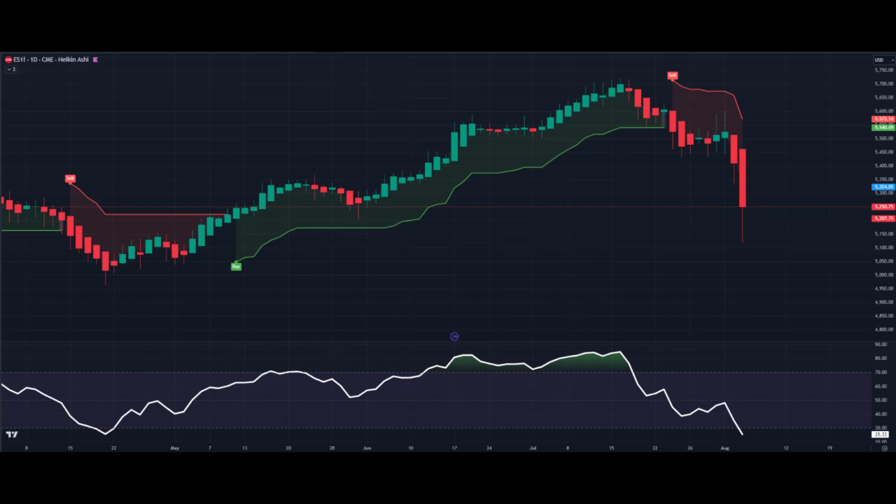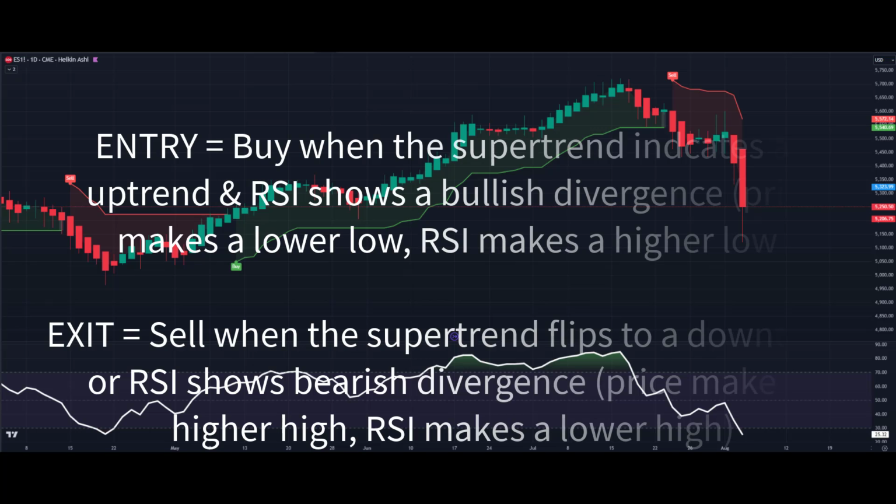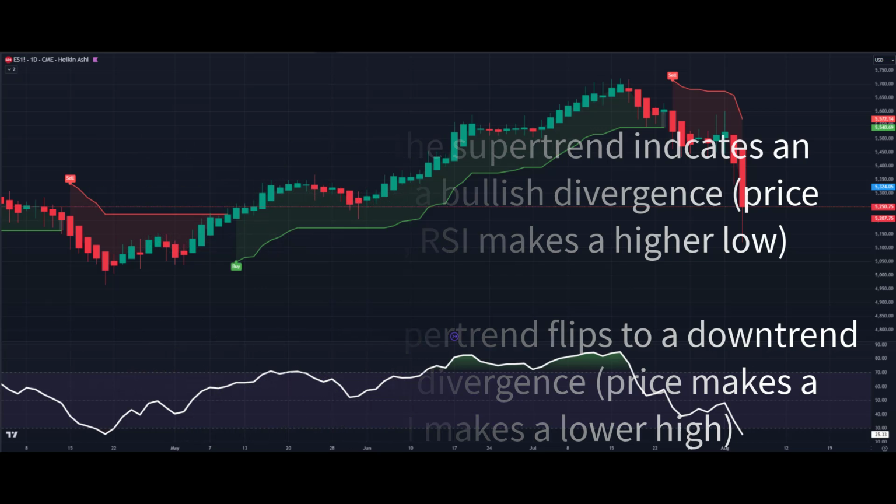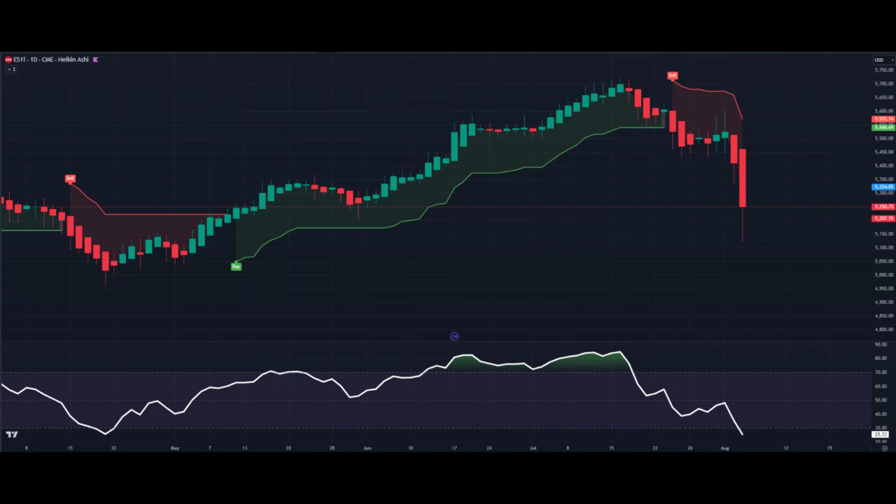How do we get in? Well, we buy when the Supertrend indicates an uptrend and RSI shows bullish divergence, i.e. price makes a lower low and RSI makes a higher low. And we get out of the trade when the Supertrend flips to a downtrend or the RSI shows bearish divergence, i.e. price makes a higher high and RSI makes a lower high.